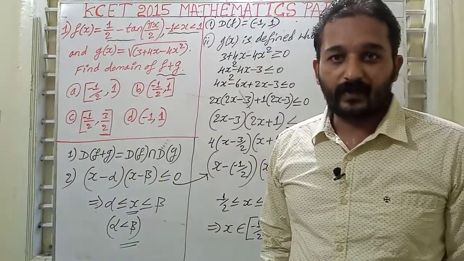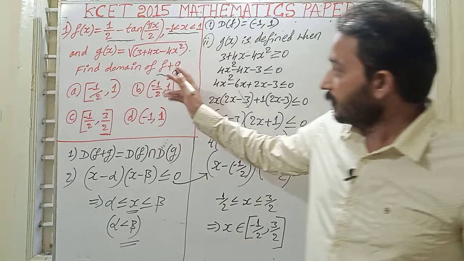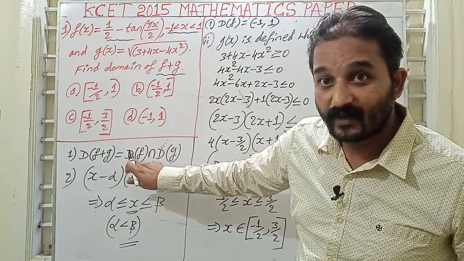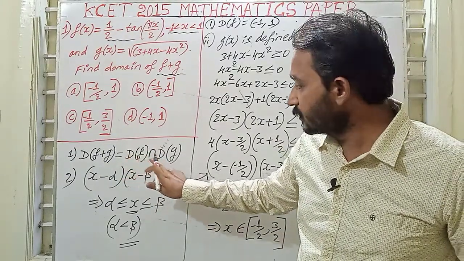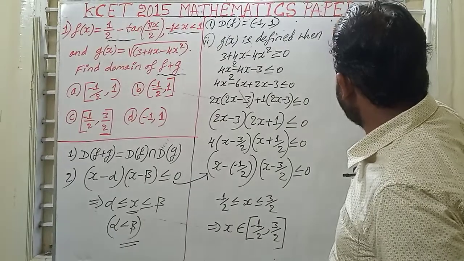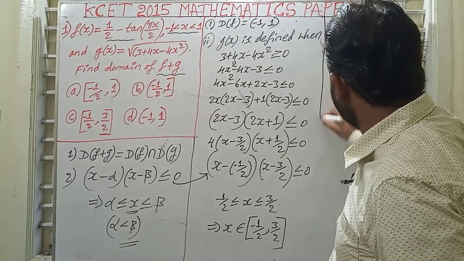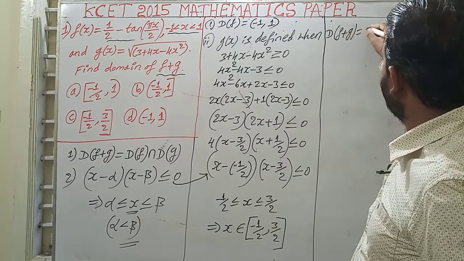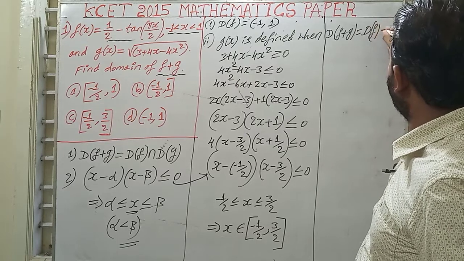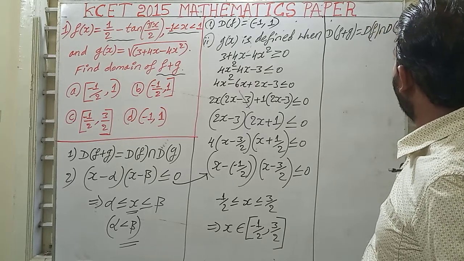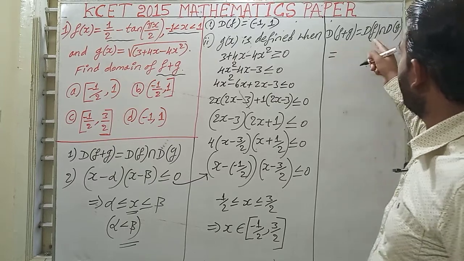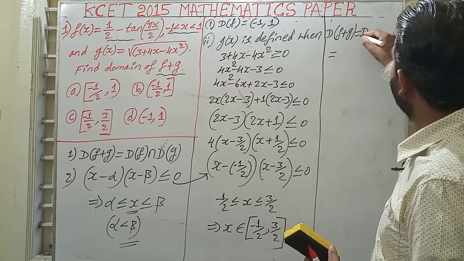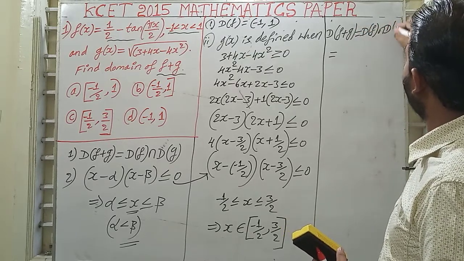So now we have to find the domain of the function f plus g. Using this formula, domain of f plus g is equal to domain of f intersection domain of g.